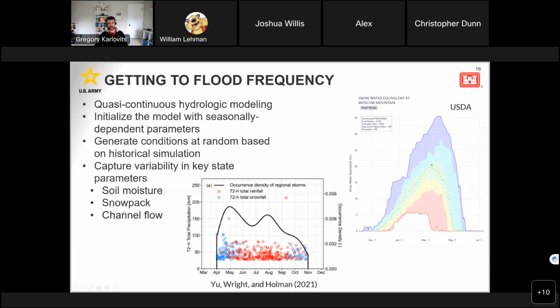And so they set this up to use their quasi-continuous framework with SST to be able to capture that mixture of these things and set up the initial conditions plausibly. So you sample those event dates from a seasonality distribution, so you know when the storm events tend to happen. So if you know, for example, we're sampling mostly heavy rainfall events doing SST, we're going to more heavily capture that based on that occurrence density that we see on the plot.